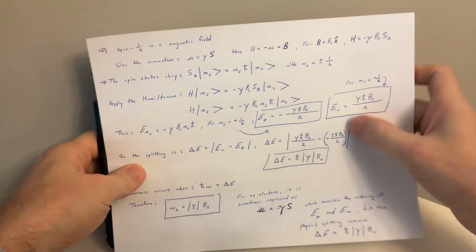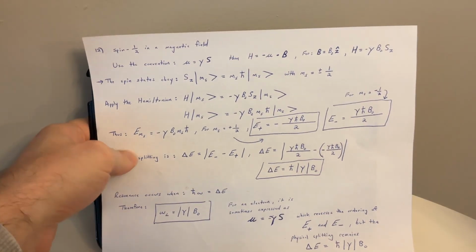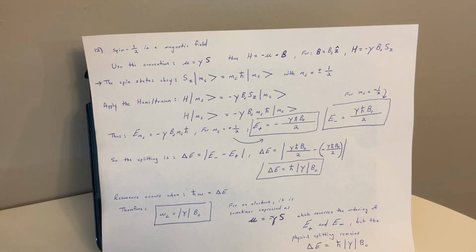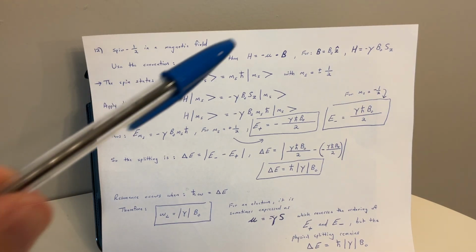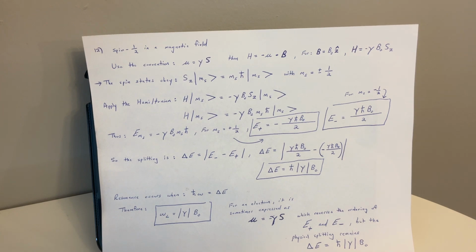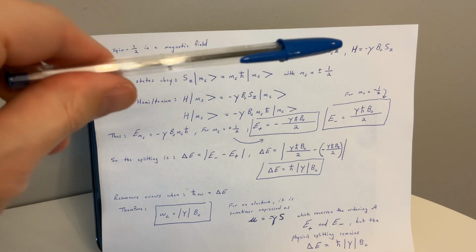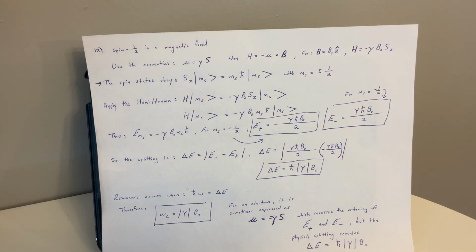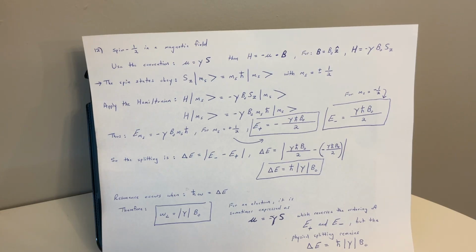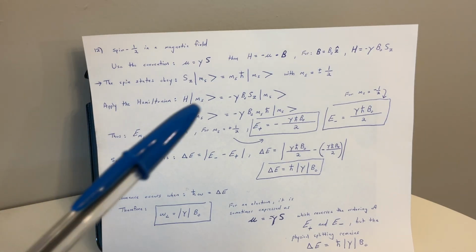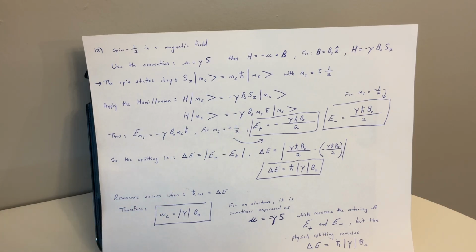For the spin 1/2 in a magnetic field, use the convention mu equals gamma S. Then H equals the dot product of negative mu and B, and for B equals B naught z hat, we also have H equals negative gamma B naught S sub z. So the spin states obey the following with m sub s equals plus or minus 1/2. We're going to apply the Hamiltonian given here.